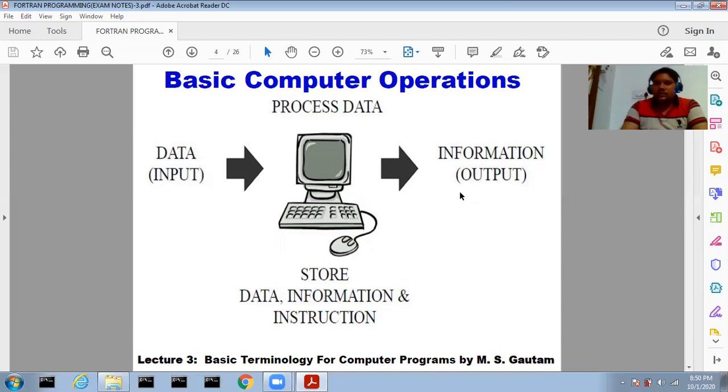So this is a pictorial representation of the four types of operations.